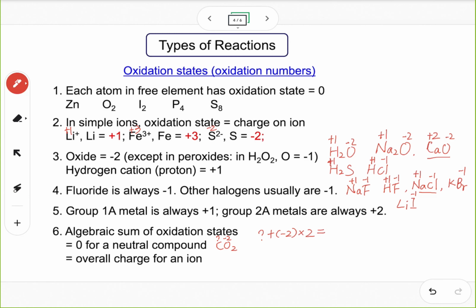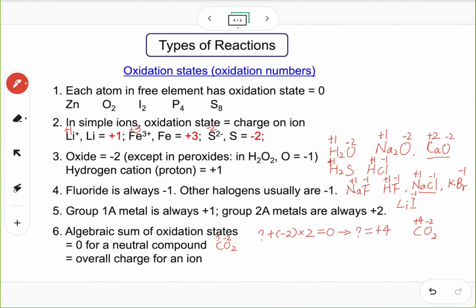So this should equal 0. If you do the math, question mark equals +4. So that's why we label carbon dioxide with oxygen -2 and carbon +4 oxidation state.